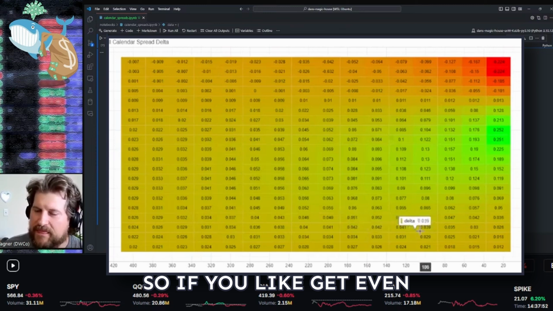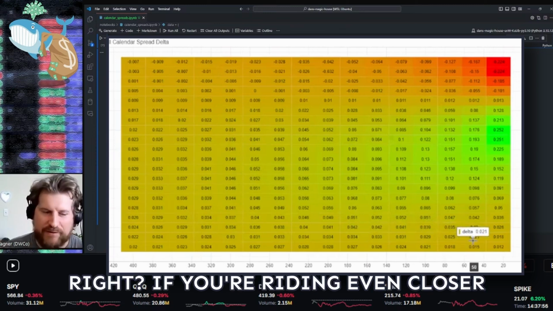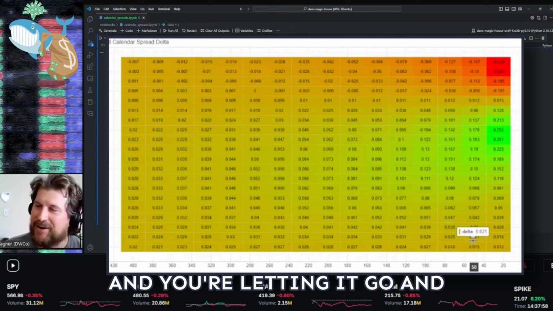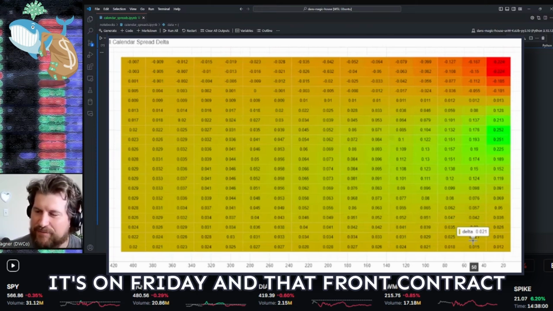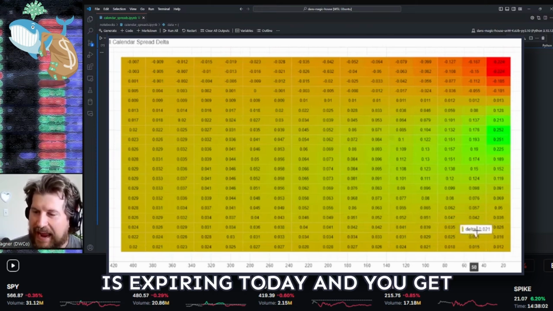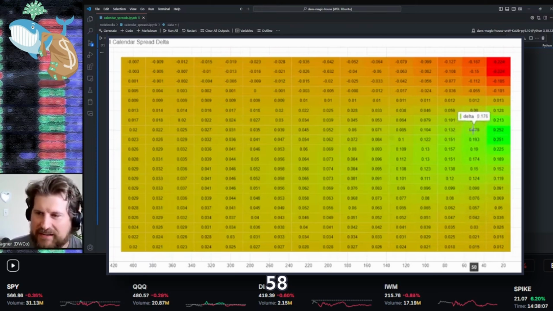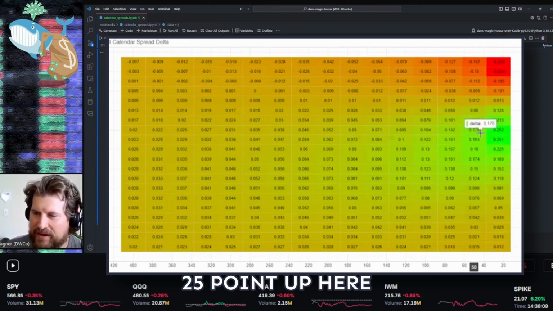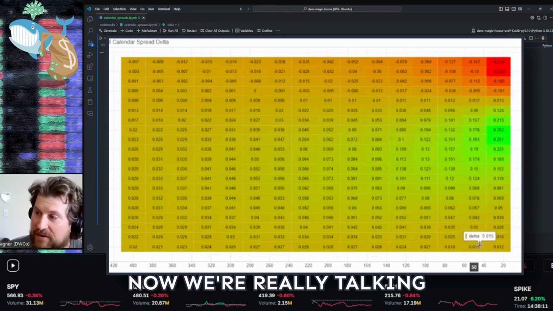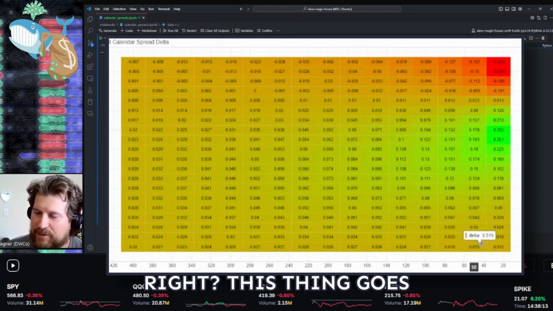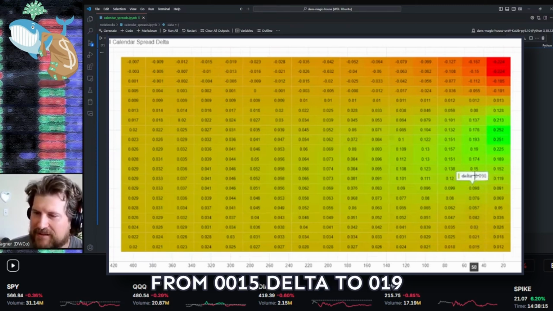So if you get even closer to the wire, right? If you're riding even closer and you're letting it go and it's on Friday and that front contract is expiring today, and you get a nice rip up towards your 5825 point up here, now we're really talking, right? This thing goes from 0.015 delta to 0.19.